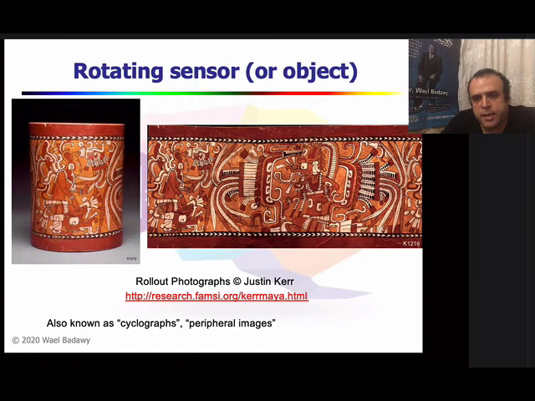The last slide here, which has a rotation sensor on an object, shows you basically that you can have an object rotation. However, when you take an image, the image can actually be rectangular or a cyclic graph.